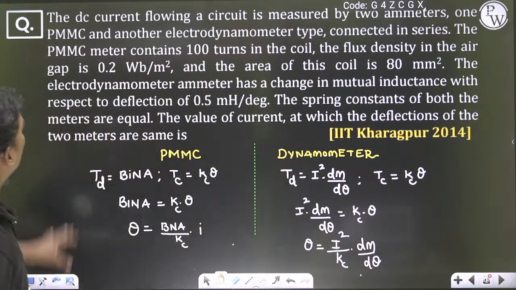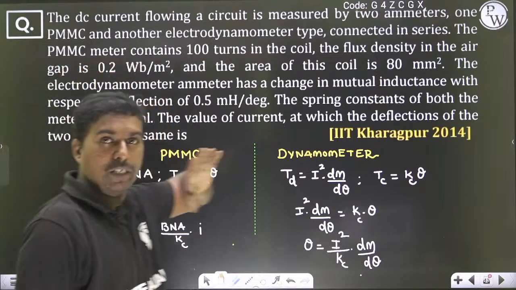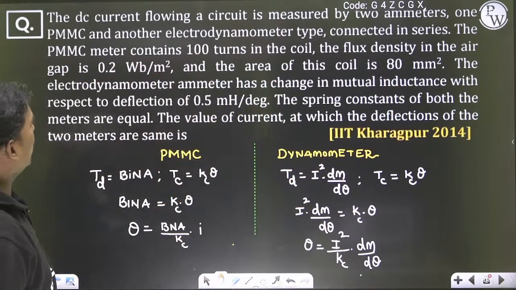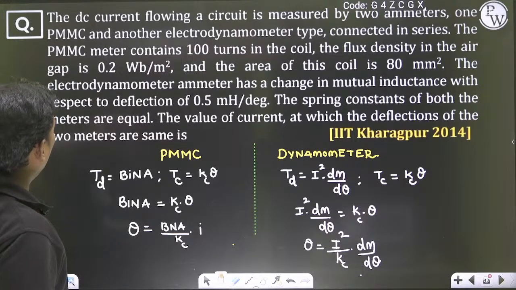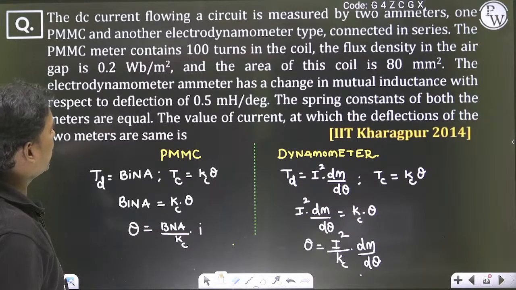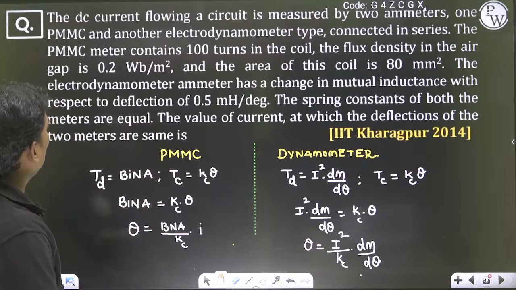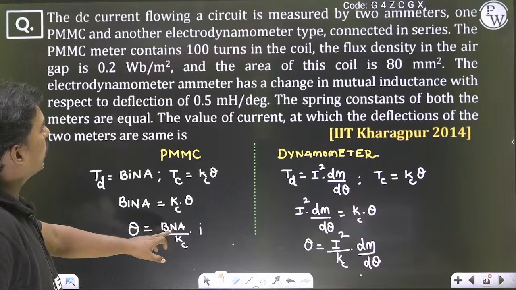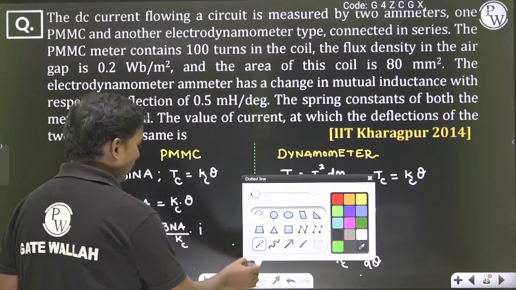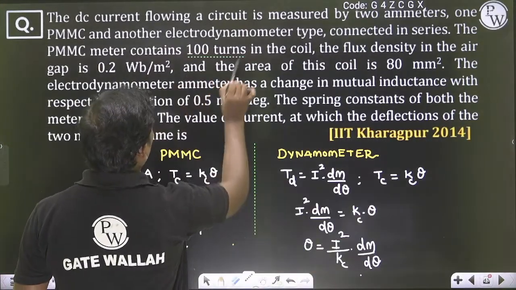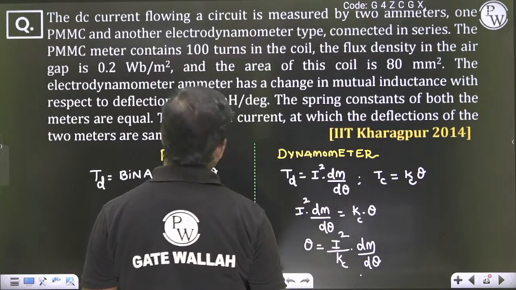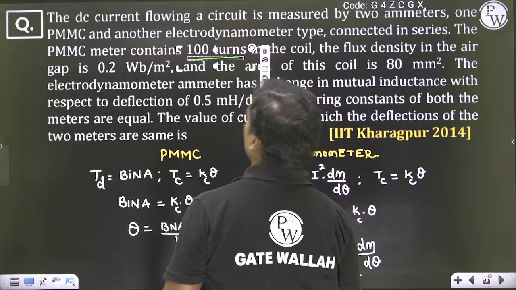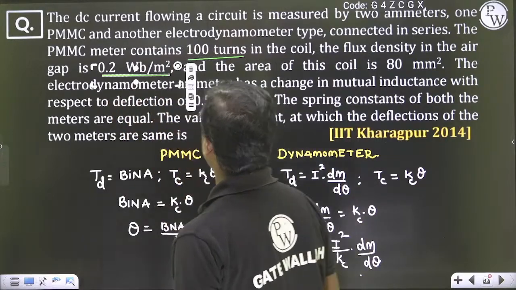Just to understand, in the question he is comparing the two meters, one is a PMMC, other one is a dynamometer. The DC current flowing in a circuit is measured by two ammeters, one is PMMC and another one is an electrodynamometer type connected in series. The PMMC meter contains 100 turns, flux density, okay. So what is the data he has given, check it. He has given 100 turns. Flux density in the air gap is given as 0.2 Weber per meter square.